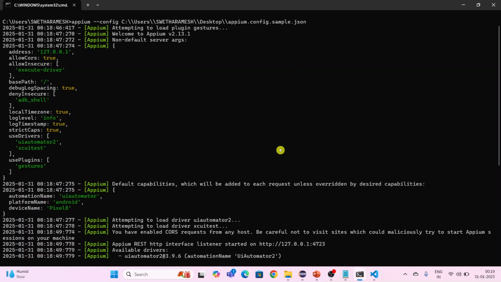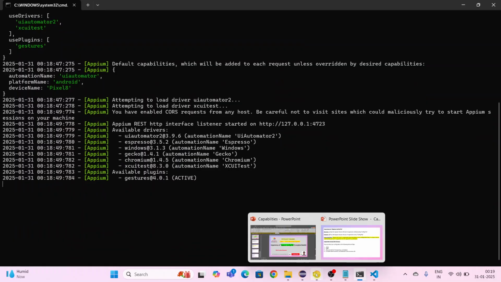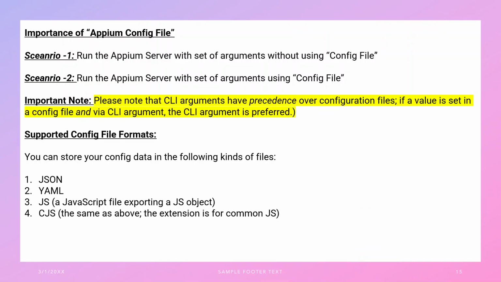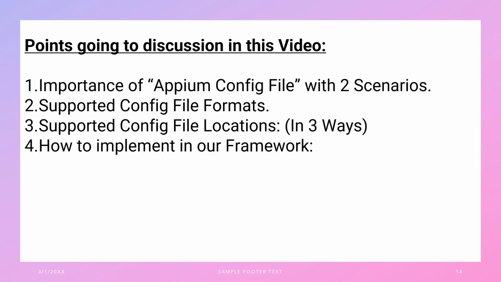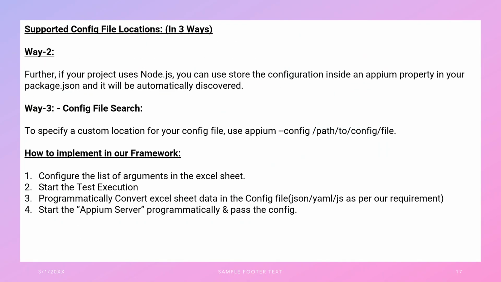Now the fourth point: how we can use this in our framework. I'm just providing an idea of how we can implement it. You can configure the list of arguments in an Excel sheet.